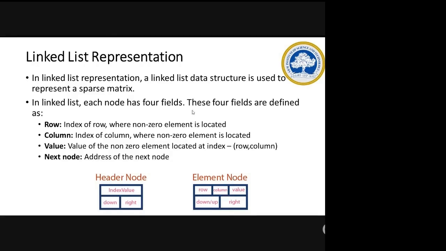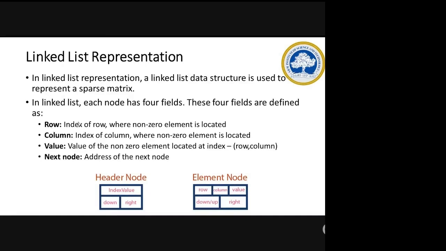So here, normally I'll tell you what a linked list is. A normal linked list has only two fields. One will contain the value and the other will contain a pointer for the next, which stores the address of the next element. This is your normal linked list. But when you represent a sparse matrix, each node has four fields: row, column, value, and the next node.